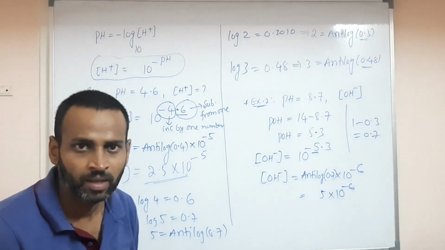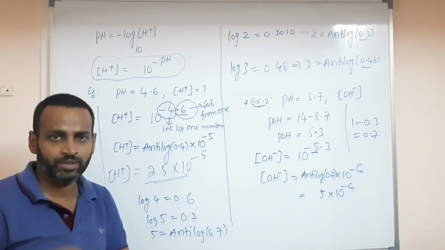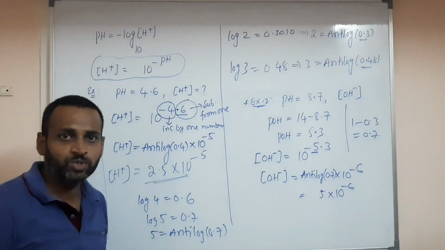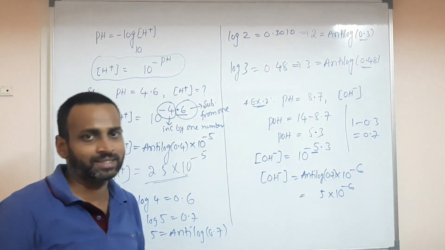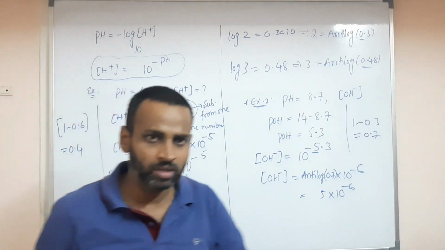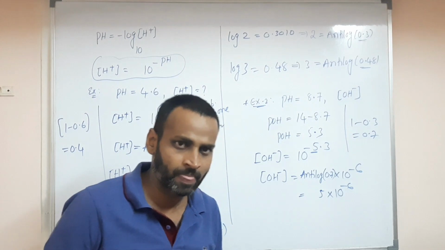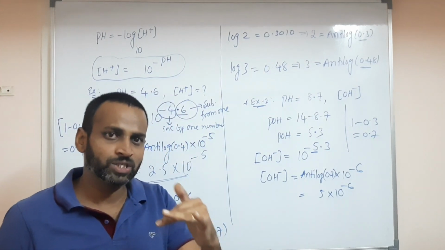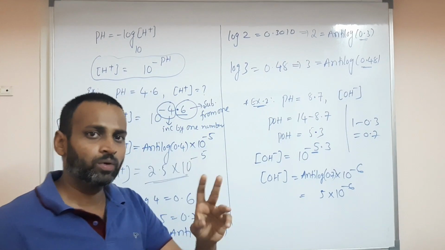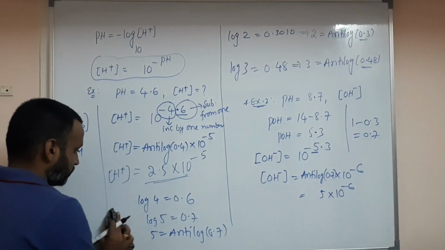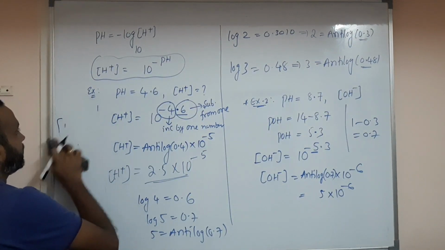This is one of the most important things you have to consider. H plus concentration is more for what? Acids. pH is less for what? Acids. H plus concentration is less for what? Bases. That means pH is more for bases. If you want OH minus, same story, you can say now. So this is about pH and all.